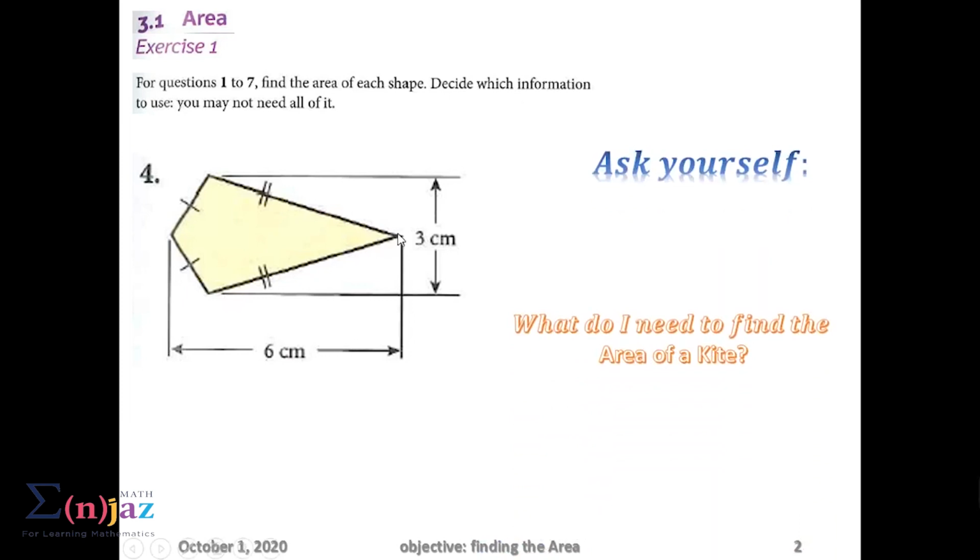You need two diagonals. What are the diagonals? As you can see, this point in here, the opposite point to it is this point. The diagonal is the line that connects every two opposite points together.